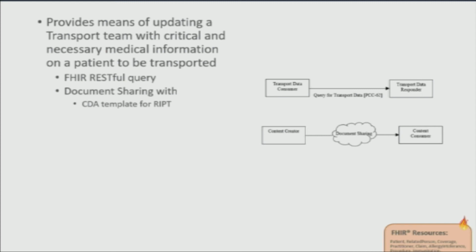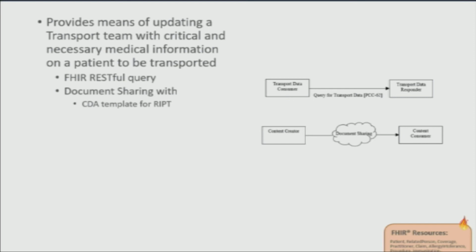So the RIPT is dealing with emergency transport. So how do I, as the transport system, inform the target hospital of the information about the patient that I'm transporting? This isn't about an emergency, it's about a transport. So there's a slightly different data set. This has two different modes.